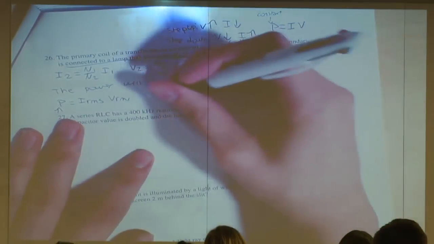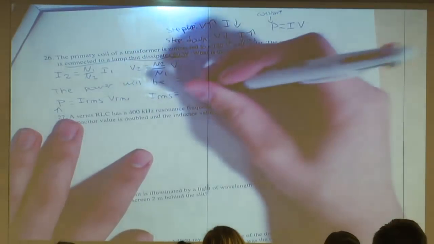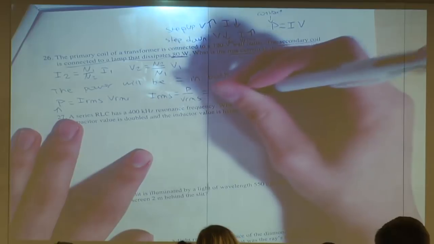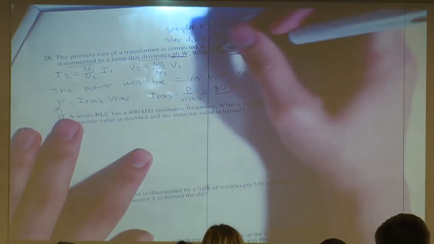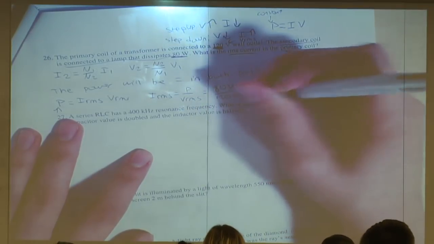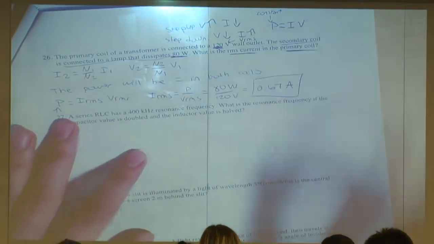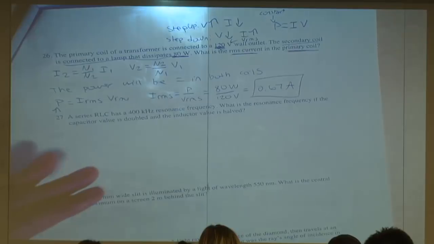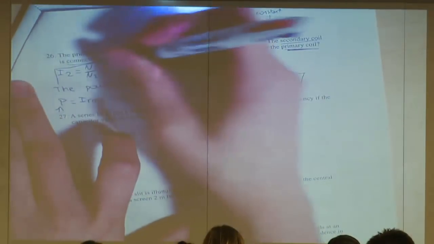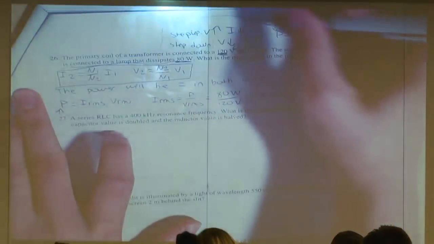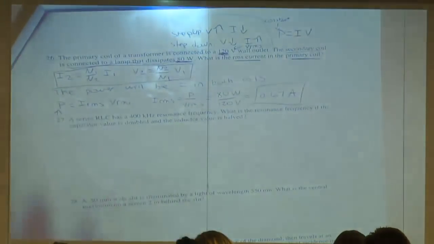So IRMS equals P over VRMS equals 80 watts over the same voltage, 120 volts, which equals 0.67 amps. You could be asked a question like this. I know this is a lot different than what you've seen, but just keep in mind these equations for transformers, and remember that the power stays constant.